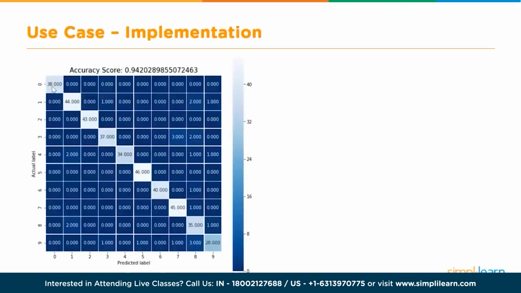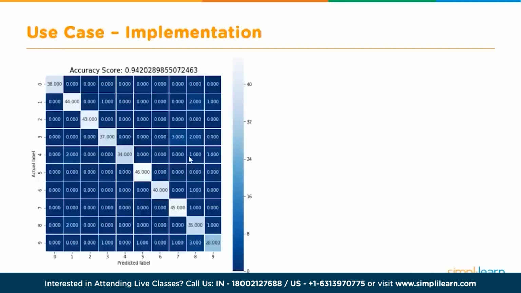What does this mean? This means that the number that has been fed is 0, and the number that has been detected is also 0. So the predicted value and the actual value are the same. So along the diagonals, that is true, which means that let's take this diagonal, right? If the maximum number is here, in this case it is 34, which means that 34 of the images that have been fed, or rather actually there are 2 misclassifications in there.